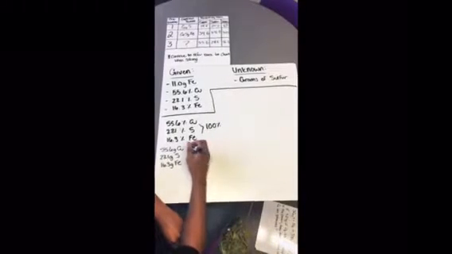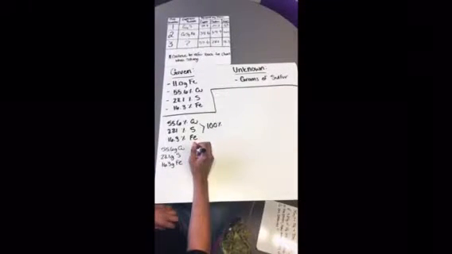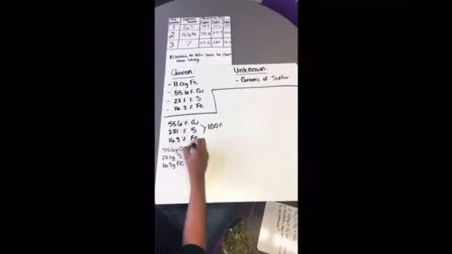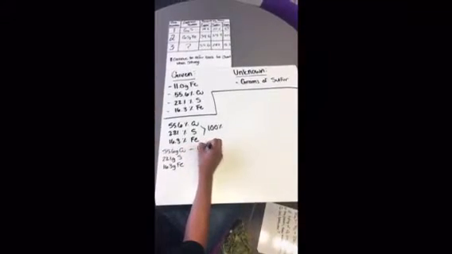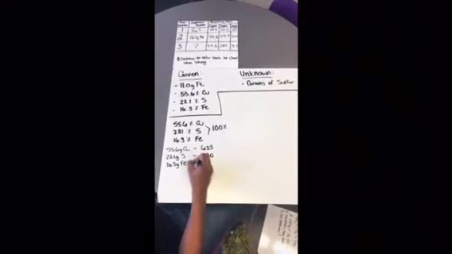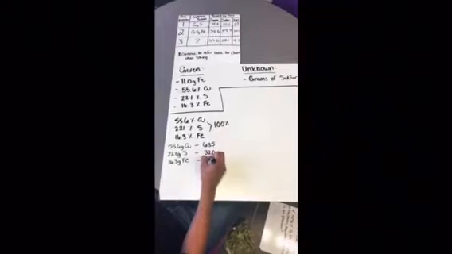So we're going to take each one and put them over their molar mass. This one is 63.5, sulfur is 32, and iron is 55.8.